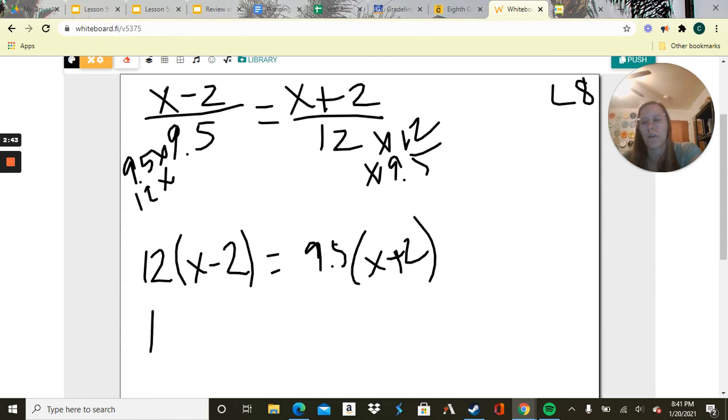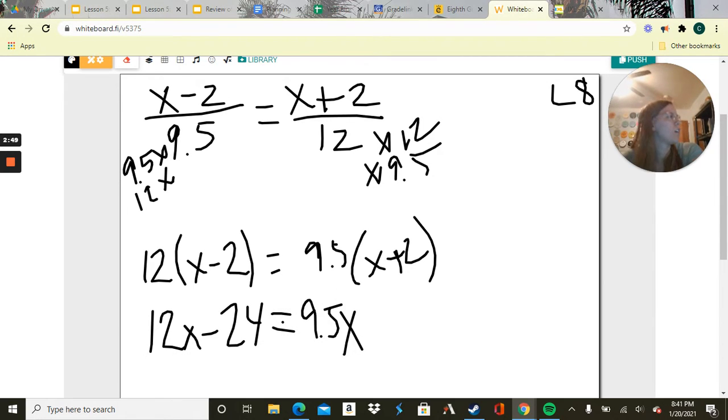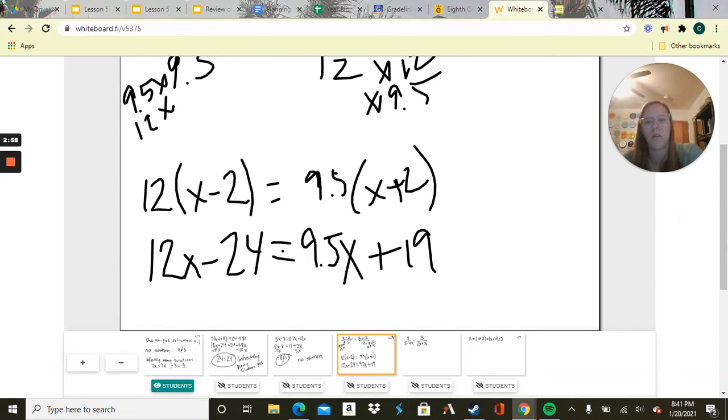We're going to distribute: 12x minus 24 equals 9.5x plus 19. Okay, we're going to scroll down a little bit. So subtract 9.5x on both sides, and we're going to just right away add 24 to both sides too.